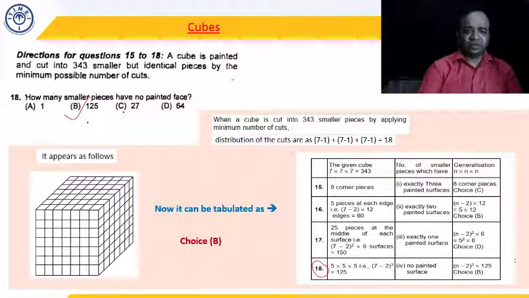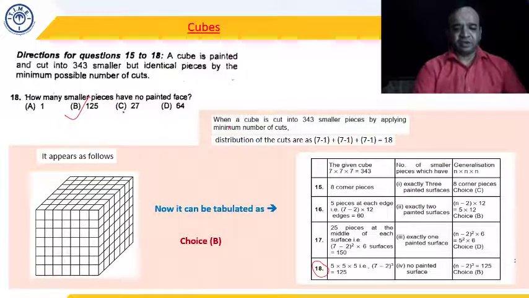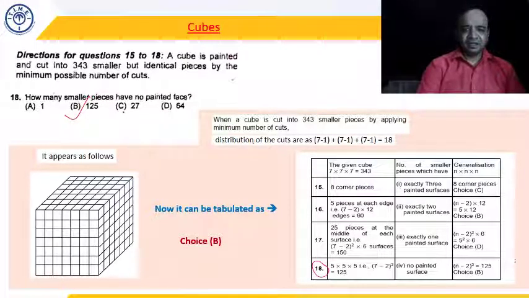And we can generalize one more thing. If the total number of pieces along one of the edges is 7, and if I generalize it as n, so n equal to 7, then the total number of pieces n cube can be written as n minus 2 plus 2 whole cube.